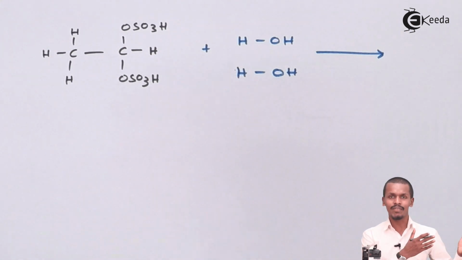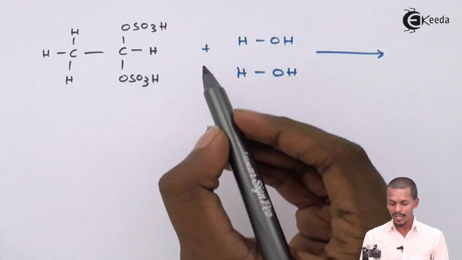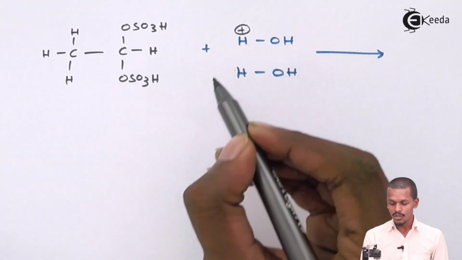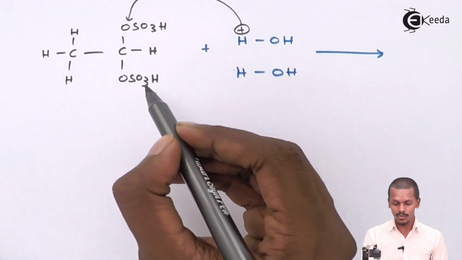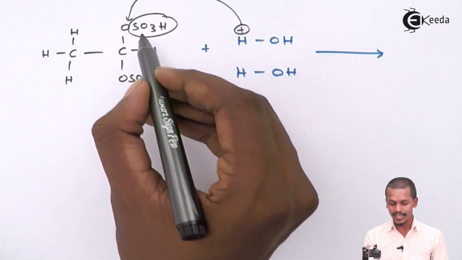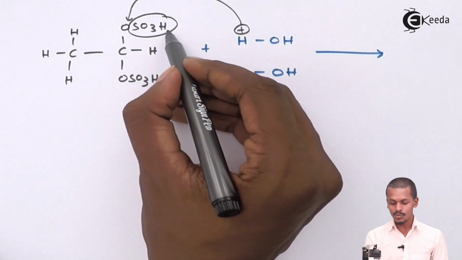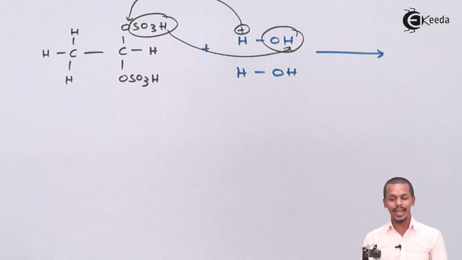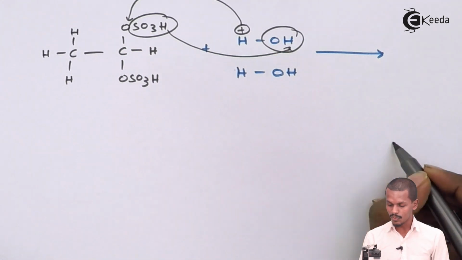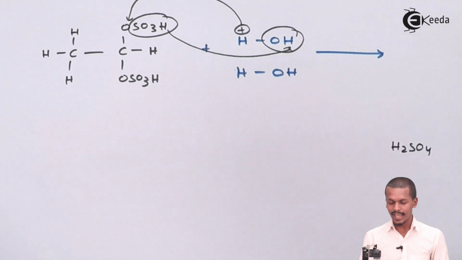The process is similar to what we did in the chapter on alkenes. Here also this H would attach to this hydrogen atom so as to remove the SO3H group, and this SO3H group would move along with this OH or hydroxyl group, due to which H2SO4 would form here. So H2SO4 would be a byproduct.